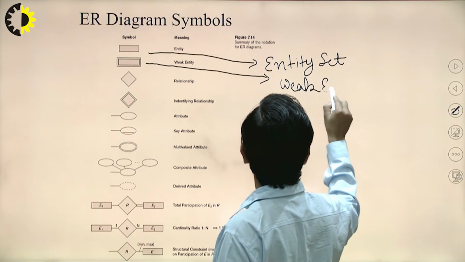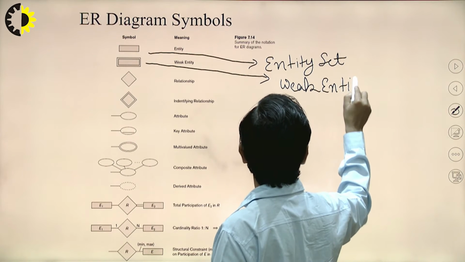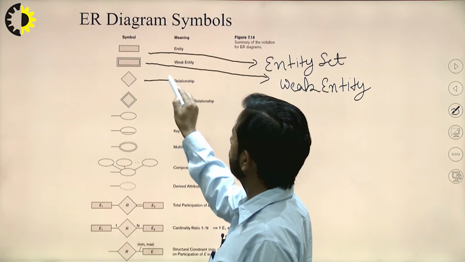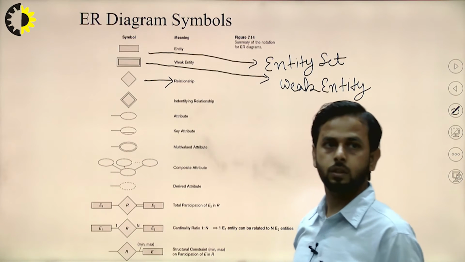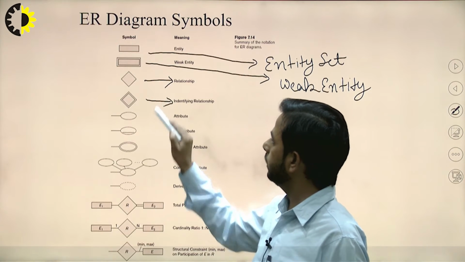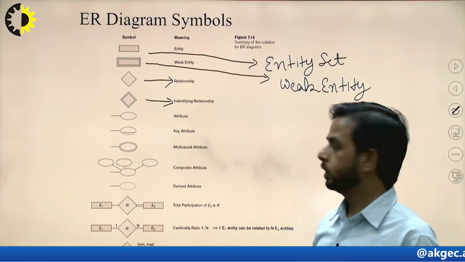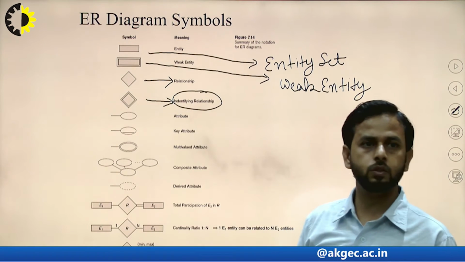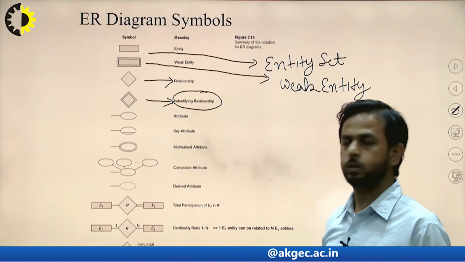Next, the diamond symbol shows relationships. The double line diamond symbol shows identifying relationships.